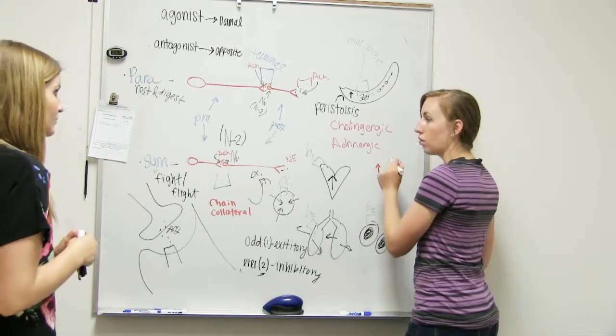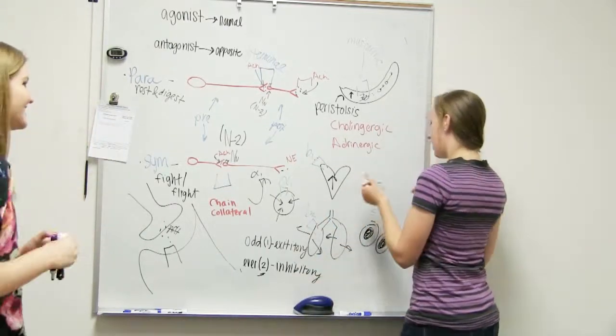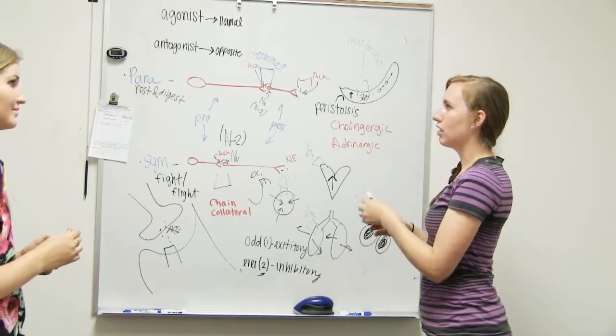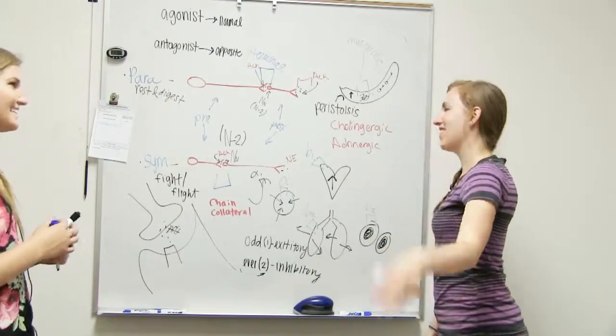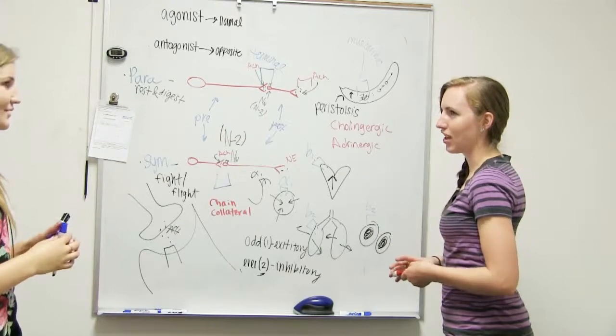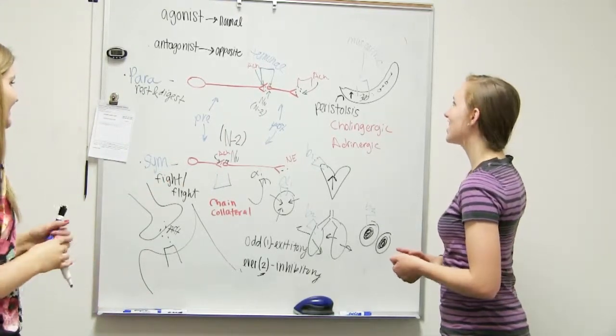Or would it? No, because, oh no, light bulb. It would make it so that you can breathe more, because the beta 2 inhibits the constriction. Perfect. So your lungs are going to open up, bronchodilate. There you go. Ta-da!